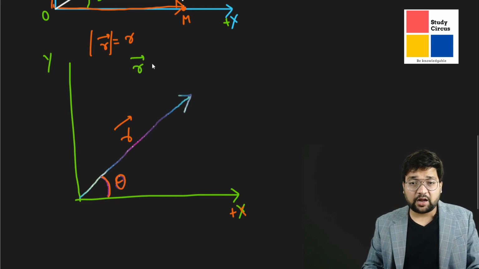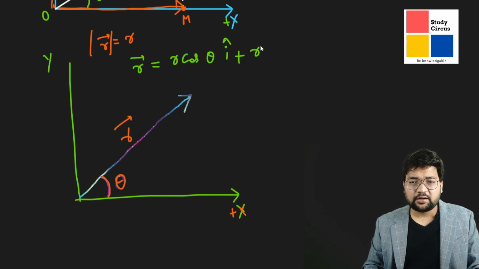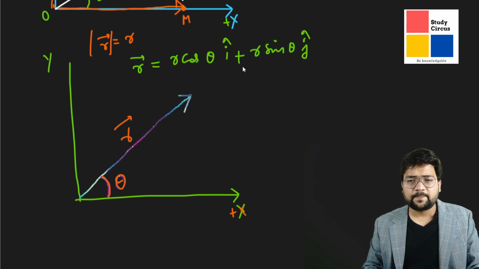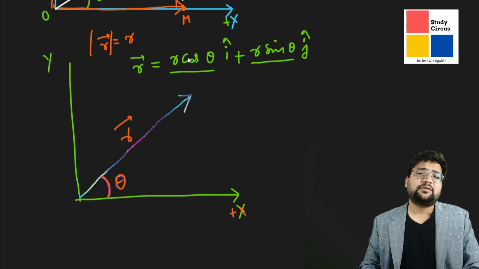So the vector r I'll represent as r cos theta along the x and r sin theta along the y. That totally represents the vector.